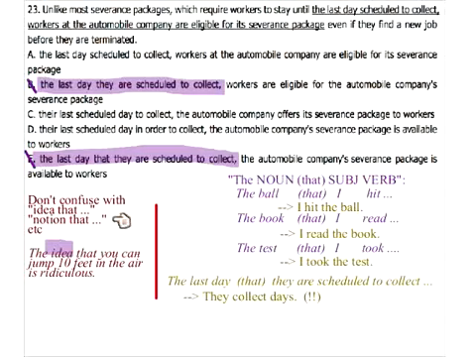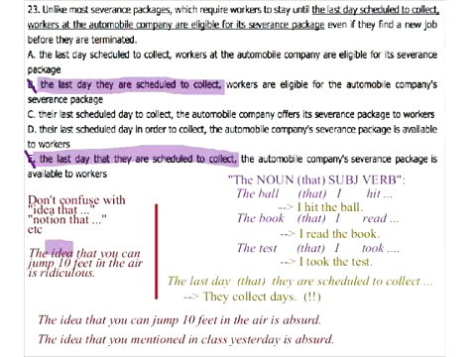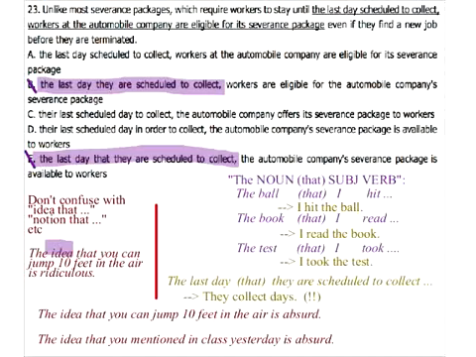So just make sure you notice that both of these are okay. The idea that you can jump 10 feet in the air is absurd, but the idea that you mentioned in class yesterday is absurd. These are two different constructions, so make sure you know both of these are okay. The first one of these is that type of construction.